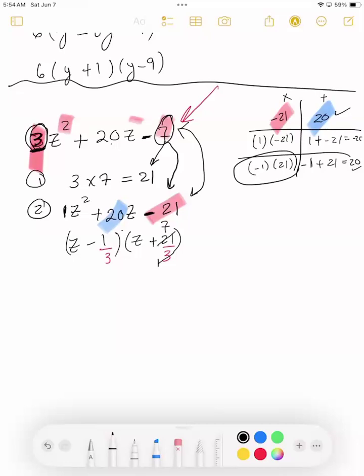Lastly, you want to get rid of these denominators from the factors, so that 3 moves here next to the z. Leave the numerator as 1. This has a 1 denominator. If you move it here, it's just 1z plus 7. And that is your answer.